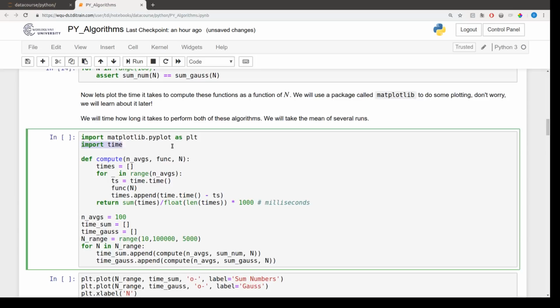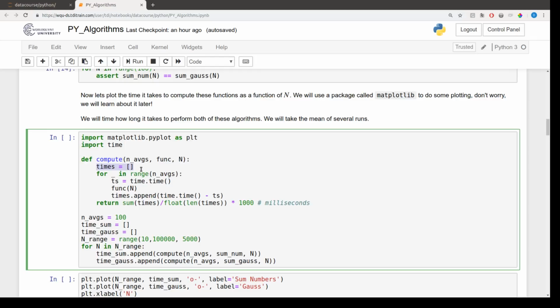So I'll do that. To do that, we'll use the time module to time how long it takes to execute the function. And we'll define this fancy function that will do the timing. So we have a list of times, and for each, we're going to run the function several times and compute the average amount of time so that we don't see any spikes just because of transient activity on the server.